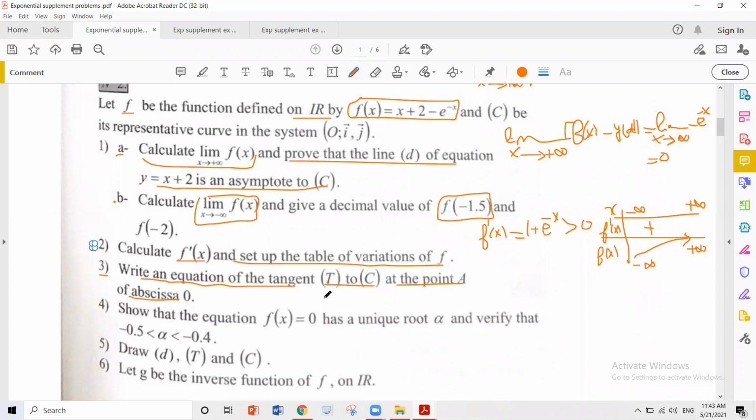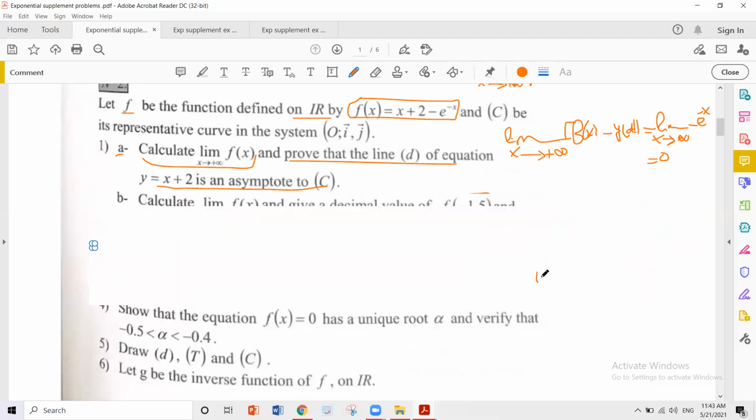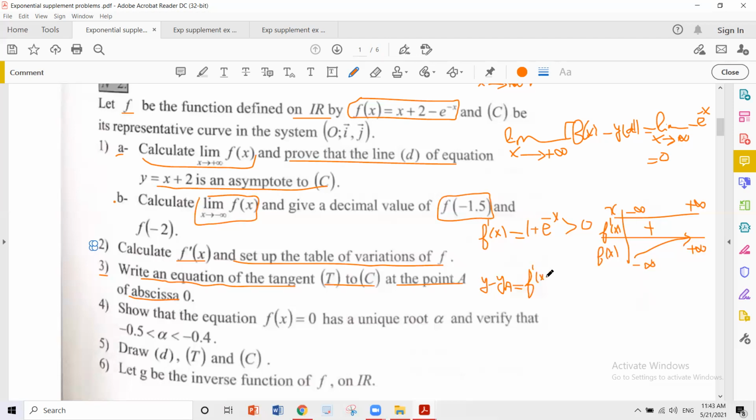Remember that equation of the tangent is y minus y_A equals slope, which is the derivative f prime of x_A, into x minus x_A.